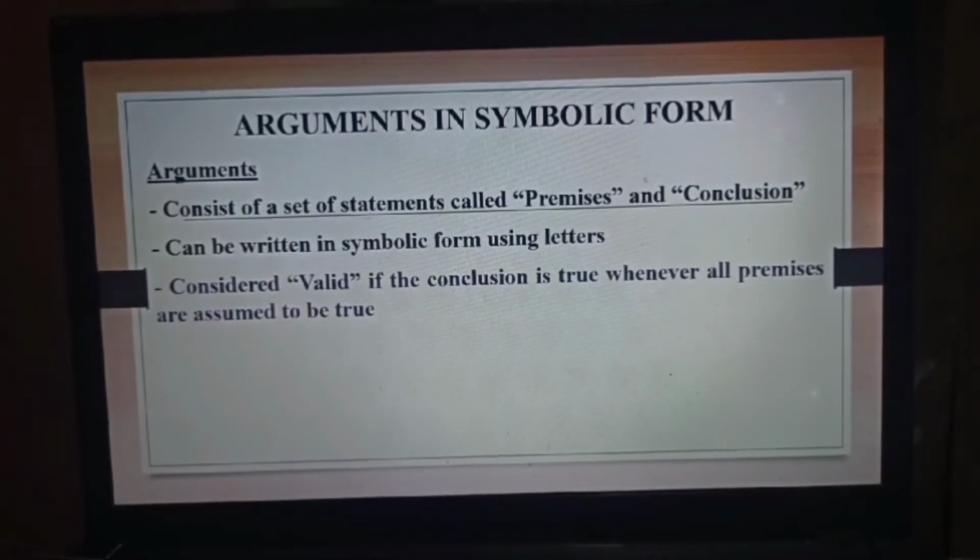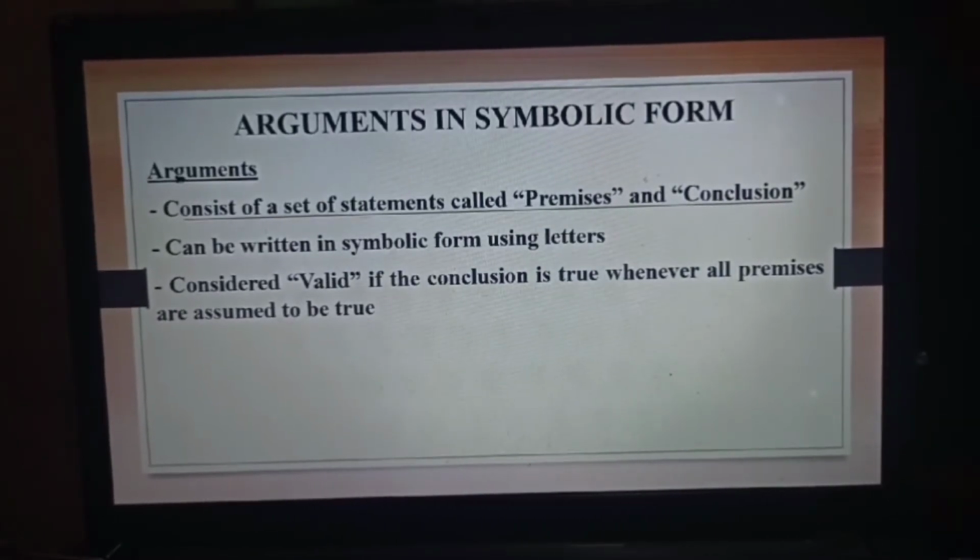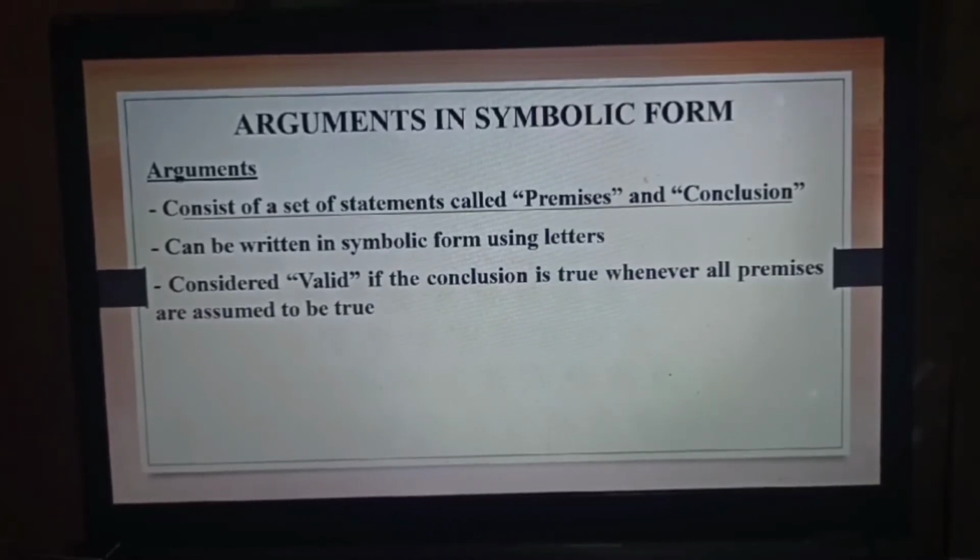And number 3, considered valid if the conclusion is true whenever all premises are assumed to be true. So, magiging valid lang ang argument statement if the premises are true and the conclusion is true. It considered the whole statement as a valid statement.